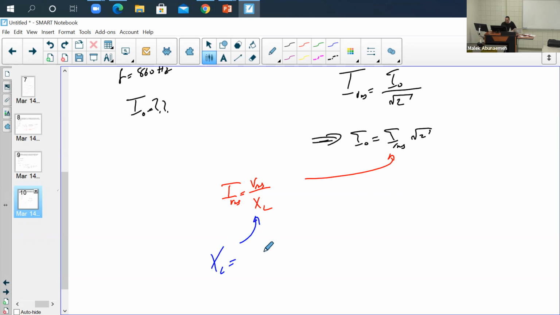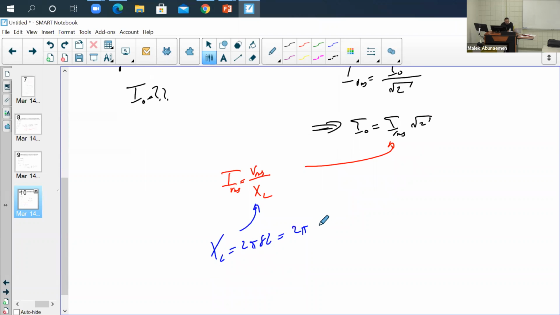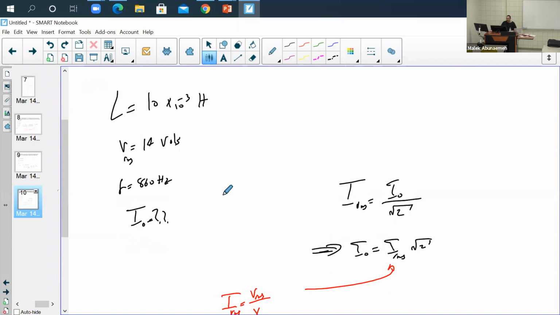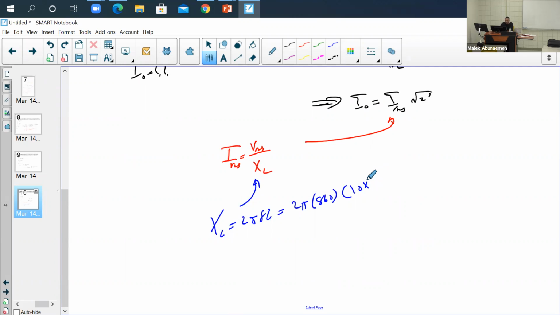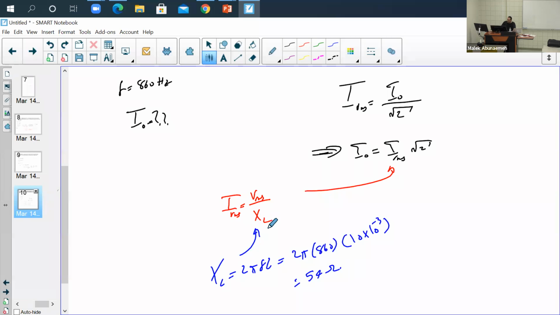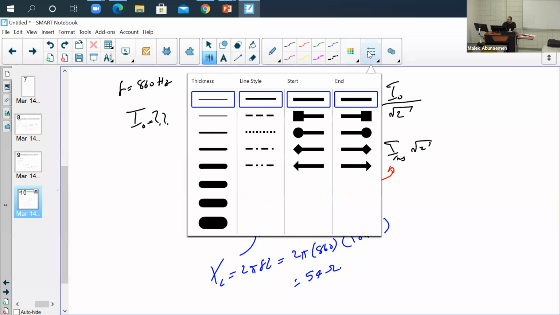So your XL, we defined it as 2 pi FL, which is going to equal to 2 pi multiplied by your frequency, which is 860 hertz, multiplied by your 10 millihenries, 10 times 10 to the negative 3 henry, so that should equal to, we got 54 ohms.